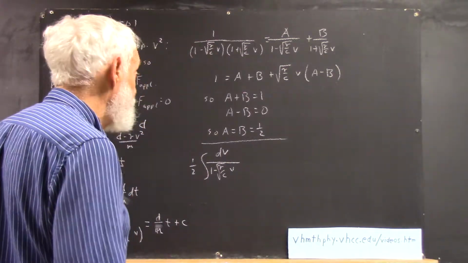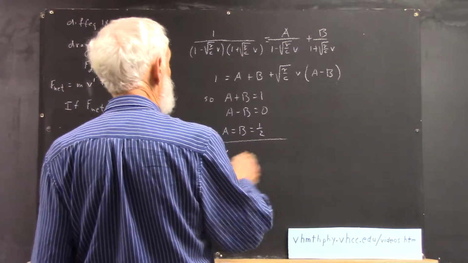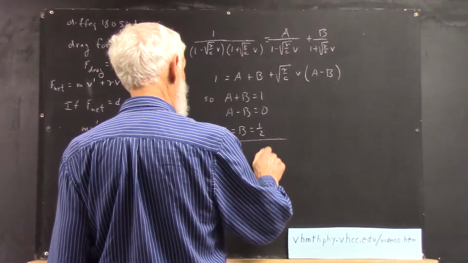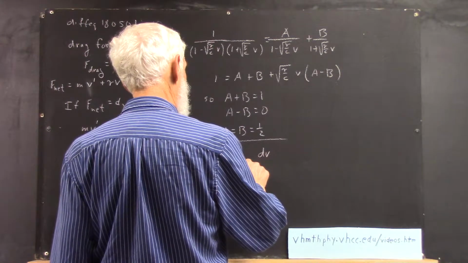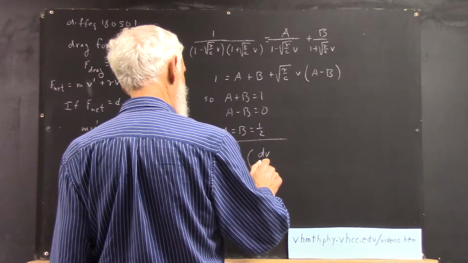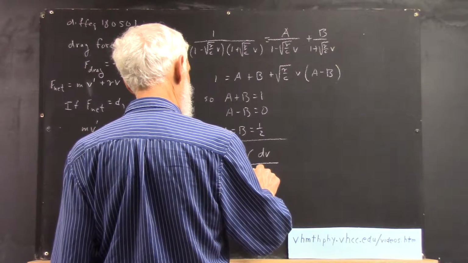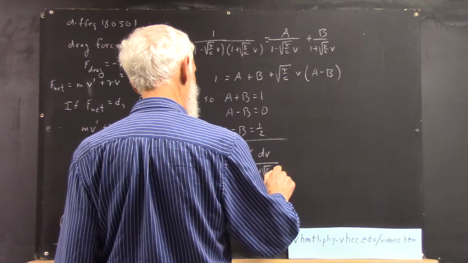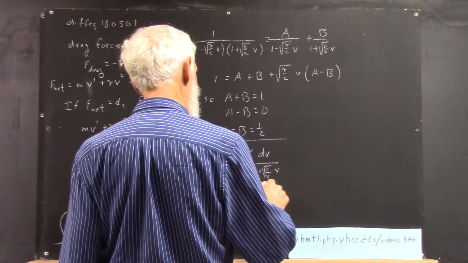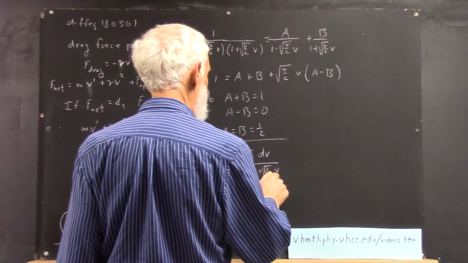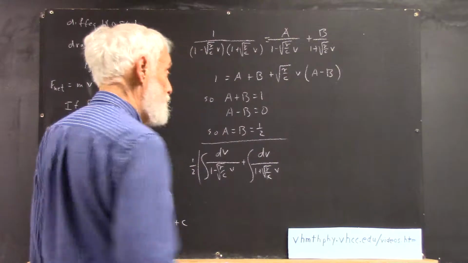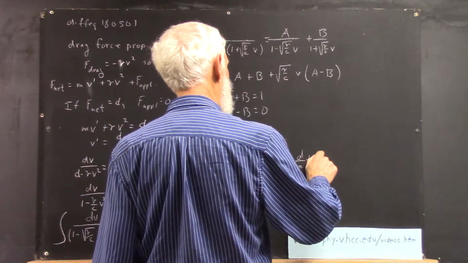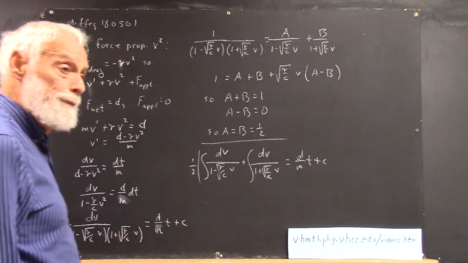And that's going to be plus 1/2. So we'll just factor out the 1/2. And we're going to have 1 plus the square root of gamma over c times v, and that's going to be d over m t plus c.